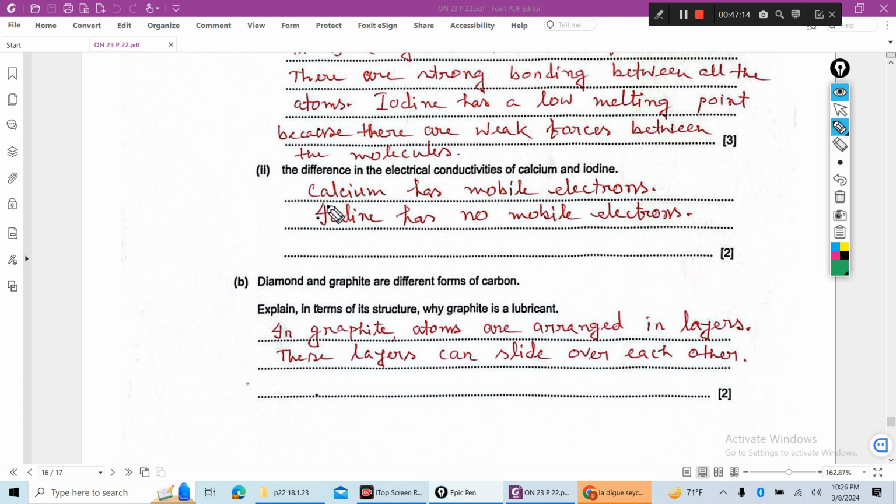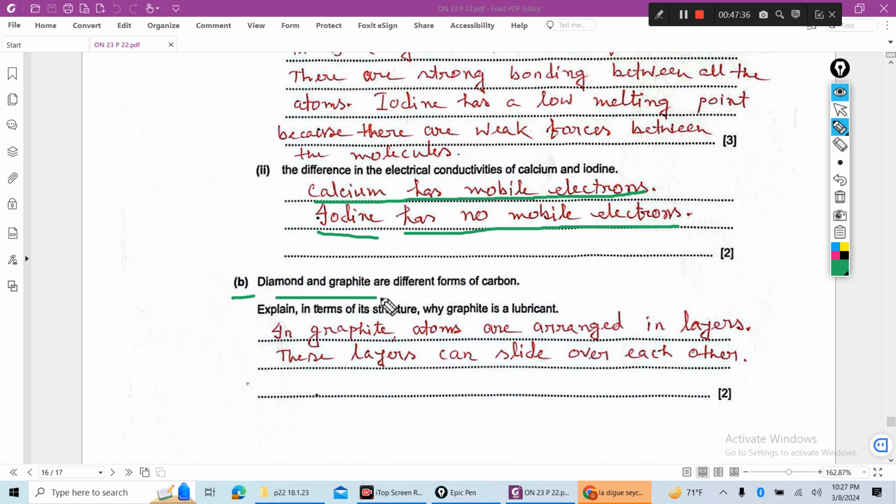Calcium is a good conductor. Why? Calcium has mobile electrons, calcium has free electrons, that's why calcium is a metal and a good conductor. And iodine is a non-metal, it has no mobile electrons, each electron is fixed, there are no free electrons.